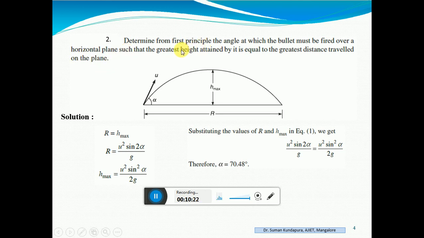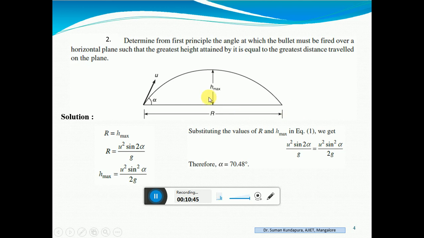So you are supposed to find this by equating the greatest height attained, H max, to the greatest distance travelled on the plane, that is the horizontal range.